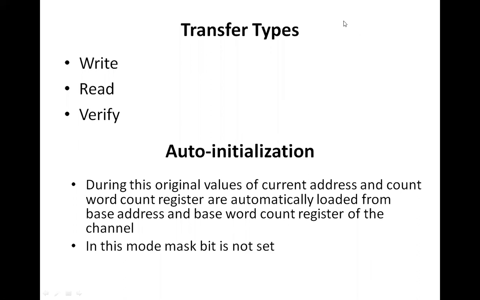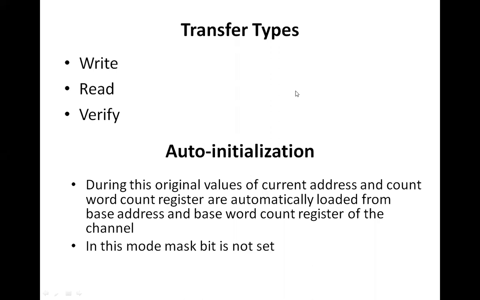Similarly, whenever we do the read operation, read operation means we copy the data from the memory to the input output devices. So write transfer is a kind of transfer in DMA in which we are writing into the memory, and whenever we have transfer type read, it means we are reading the memory.